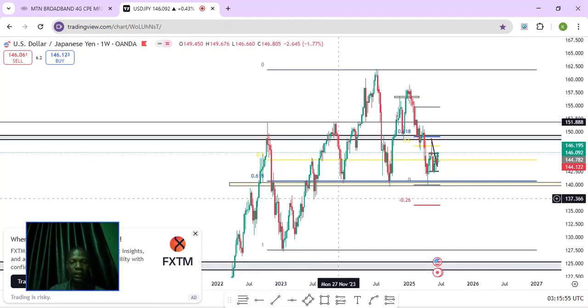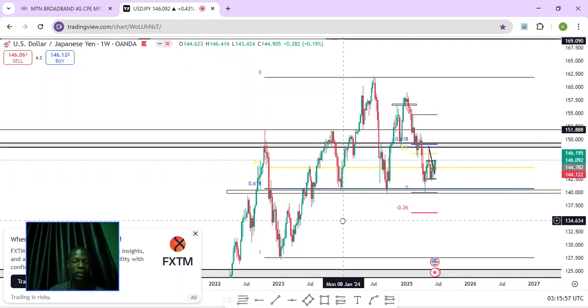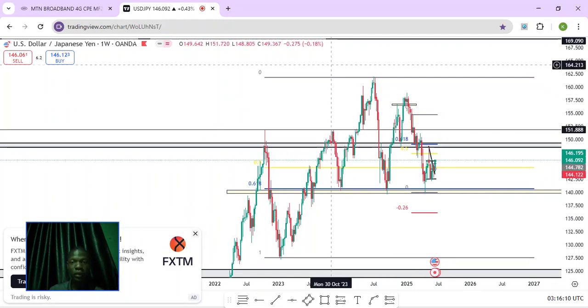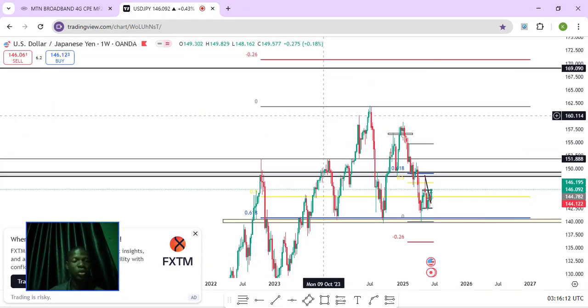As you guys see, there are not too many lines on it. I really have the most important tools, which is the 0.5 retracement level, the 0.61 retracement level, and the Fibonacci extension level.